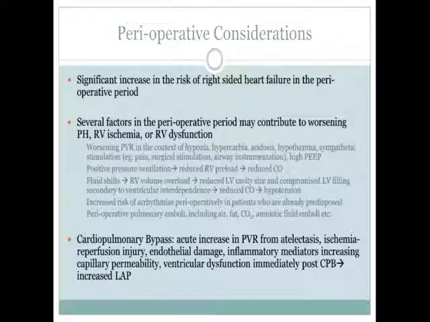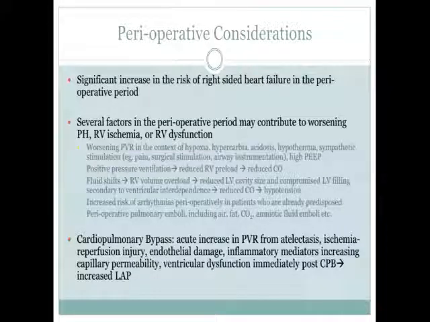In certain surgeries with lots of fluid shifts and high requirement for intraoperative volume, overload becomes a problem, and because of interventricular dependence, which I'll quickly touch on, it can cause reductions in your left-sided output as well, and further lead to hypotension and RV ischemia.